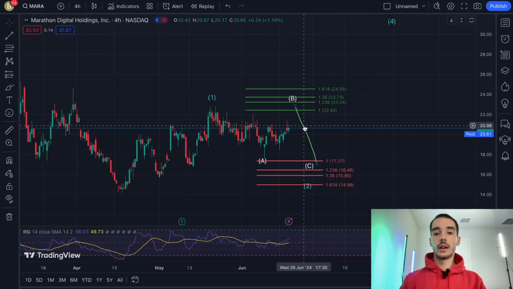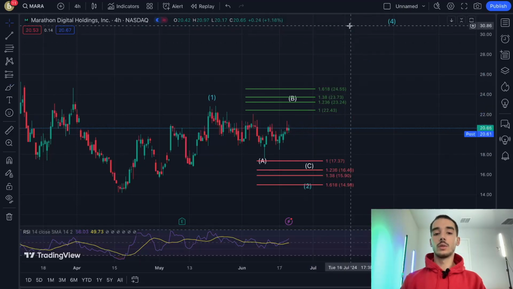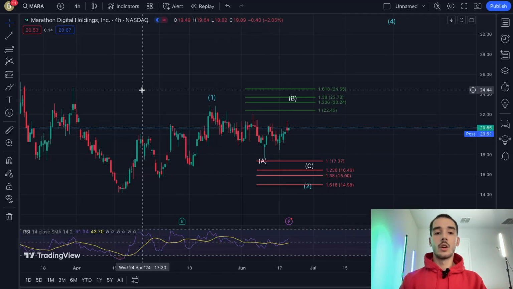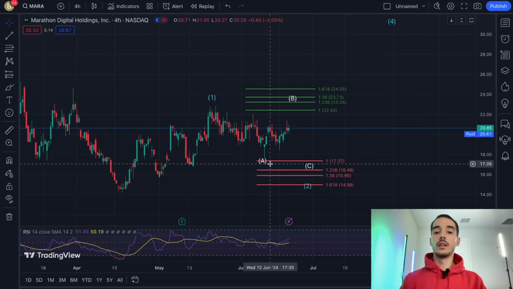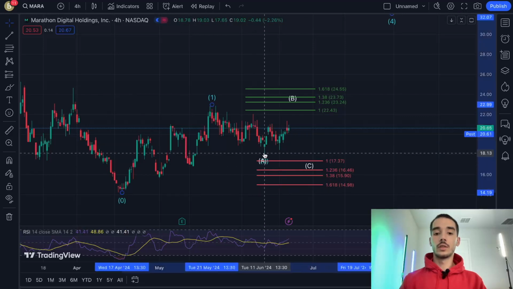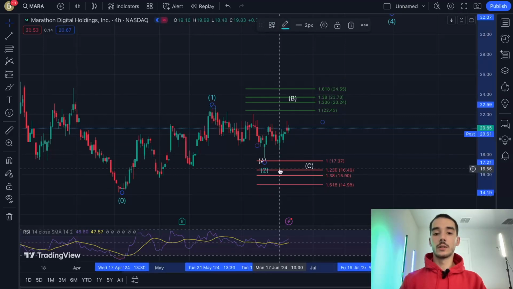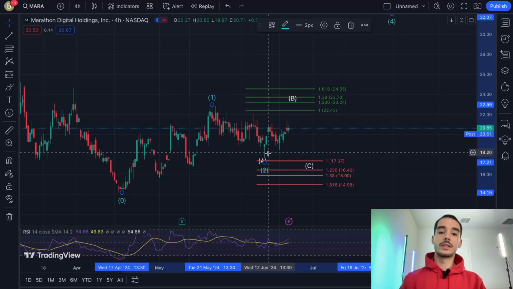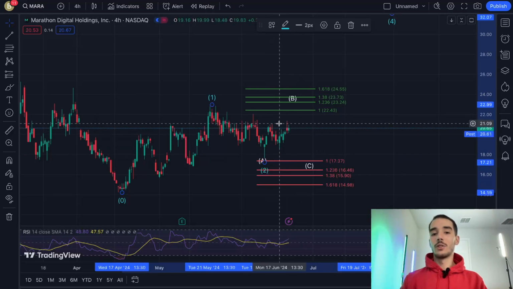But until then, I really want to see a more organized and clear corrective wave structure right here for the second wave. Although the second wave could potentially have bottomed out right here, due to the shallowness of it, or at least how quickly we recovered from it, we're not making new highs right away.